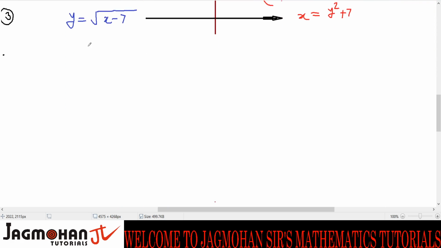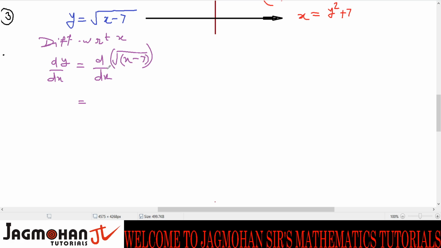See here. In this, I have y equals to square root of x minus 7. I write differentiating with respect to x. When I do that, I get d by dx of y equals to d by dx of square root of x minus 7. So recognize the function. This is square root function, but it is square root of f of x. So d by dx of root x is 1 upon 2 root x.